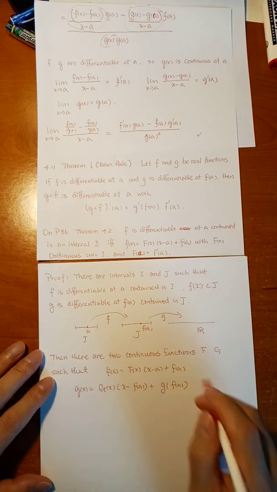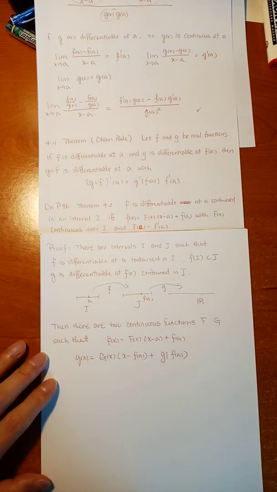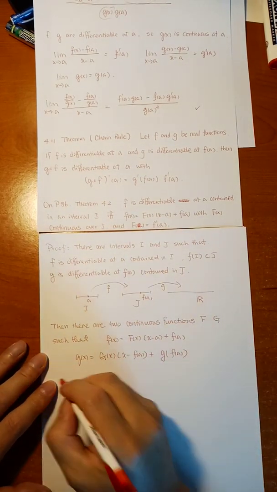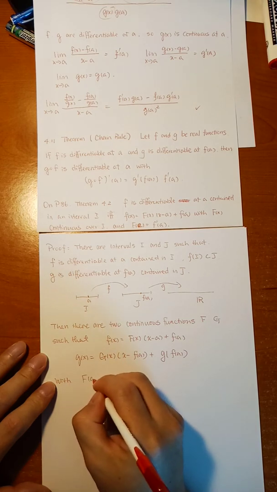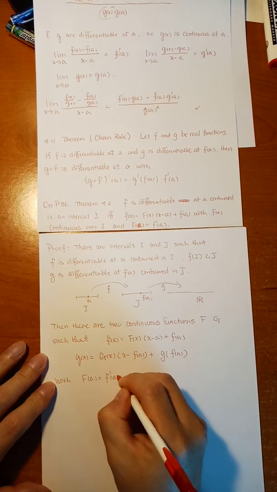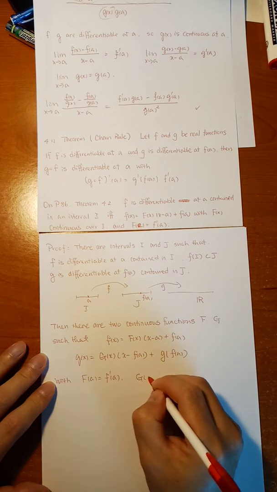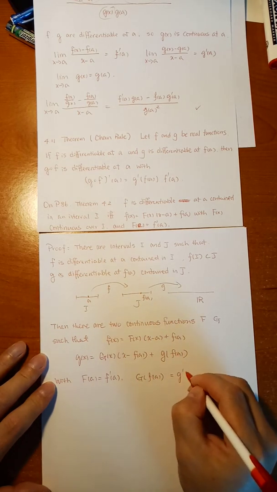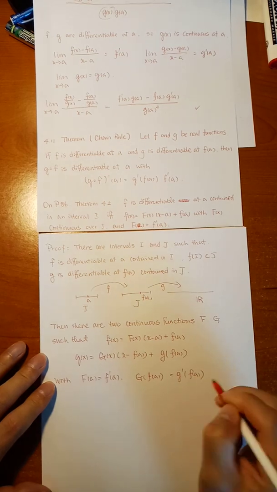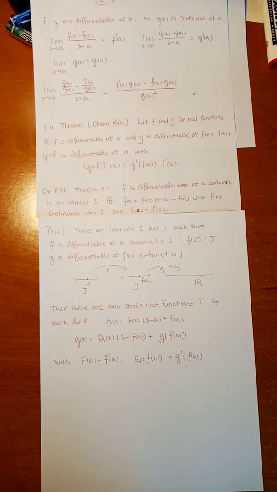Remember, we assume g is differentiable at f of a, so you evaluate at the point f of a, with capital F of a equal to f prime of a, and capital G of f of a equal to g prime of f of a.